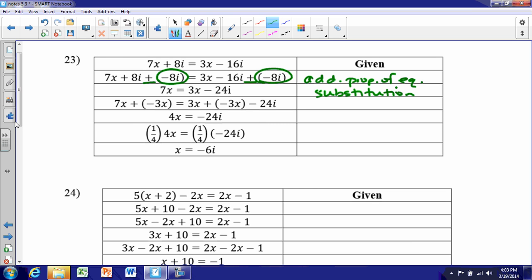Then the next step, there's an extra number on both sides, and so it was added, so that's the addition property of equality. And then we simplified again. So that's substitution.